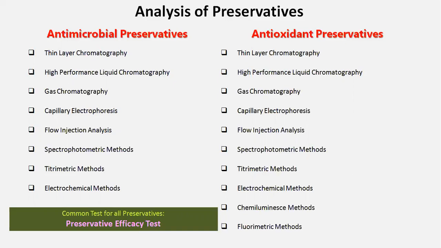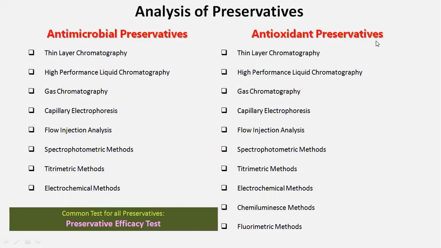that are used to ascertain the quality of the preservatives in the cosmetic industry in general includes, for antimicrobial preservatives, the techniques employed are thin layer chromatography, high performance liquid chromatography, gas chromatography, capillary electrophoresis, flow injection analysis, spectrophotometric methods, titrimetric methods, and electrochemical methods.